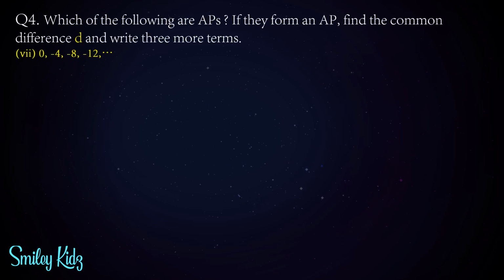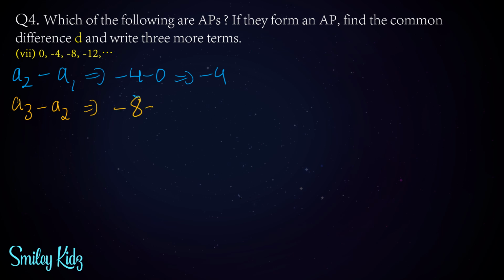Moving ahead, we have 0, minus 4, minus 8, minus 12 and so on. Here, first let's find out the common difference and check whether it's an AP or not. A2 minus A1 will give you minus 4 minus 0, which is minus 4. Then A3 minus A2, which is minus 8 minus of minus 4, which is minus 8 plus 4, which is again minus 4.